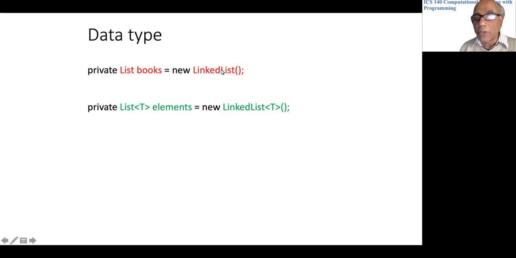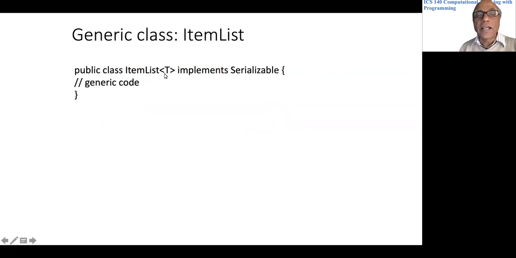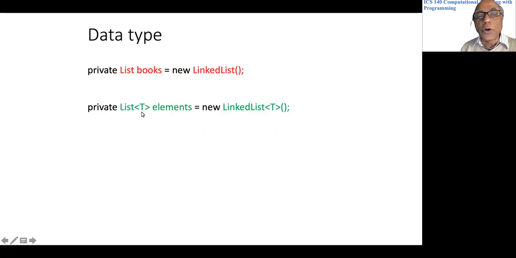Linked list is java.util.linkedList. They can both be generics, so we need to use the generic version of list by passing the type T. If you look here, the class gets the parameter T, and the field elements is going to be here within the class, and so T is known. So that parameter that we get, the type of the item to be stored, is passed to this interface and class. So the linked list will be capable of storing items of type T.